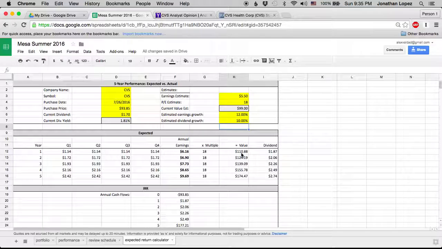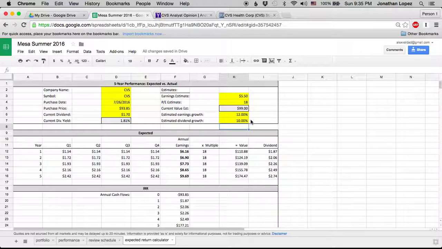Price may be above that, but that's how I expect the value to be, and growing over the next 5 years to $174.47. I also expect this dividend of $1.70 to grow at 10% a year. So I expect it to be next year $1.87 and growing over the next 5 years to $2.74.